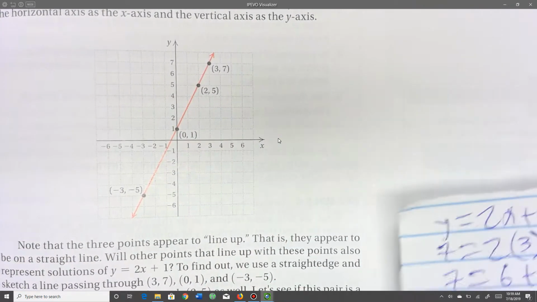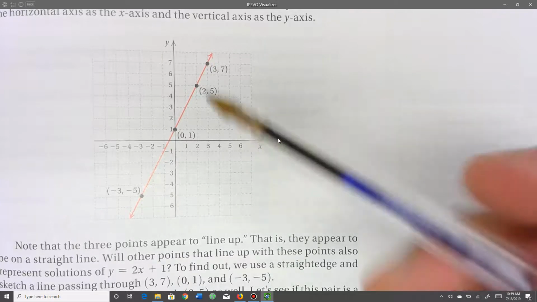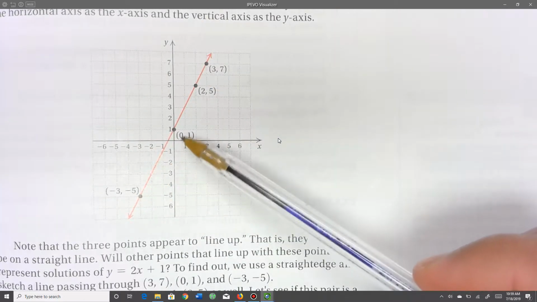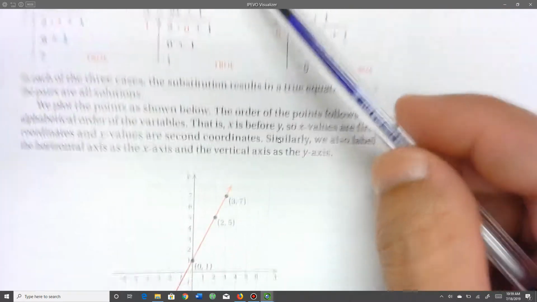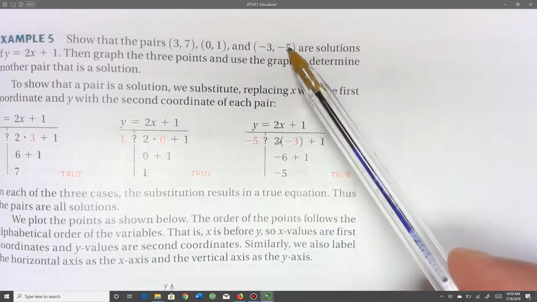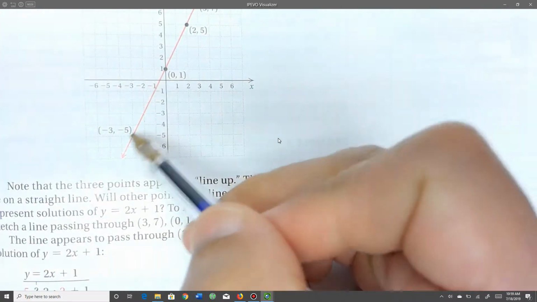The other one is that when you plot them, for example, here we plotted all 3. It is 3, 7, 0, 1, and negative 3, 5, negative 3, negative 5.